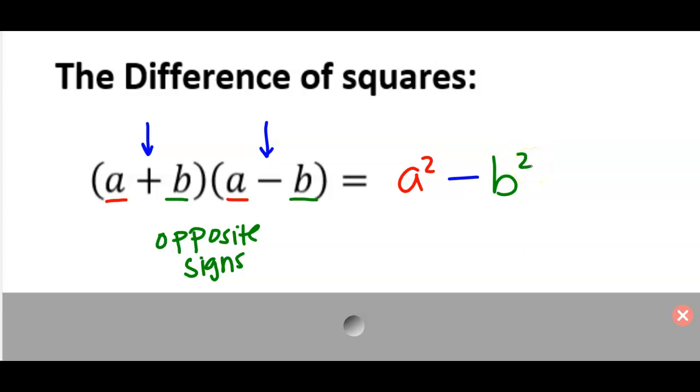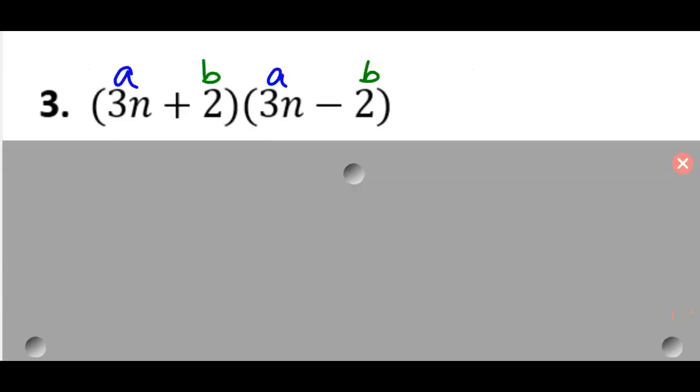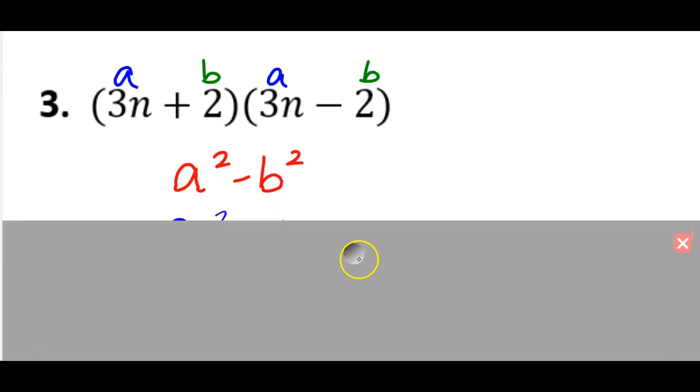So whatever this first term is, I'm going to square that. If there's a number in it, I'm going to square that as well. And then my second number, my b, I'm going to square the number and the variable, and then I'm going to write down my answer, if you feel comfortable with that. Otherwise, we always know how to do that. So, if you feel comfortable with that rule, we can simply write down this answer.